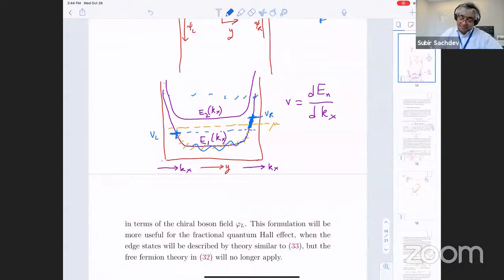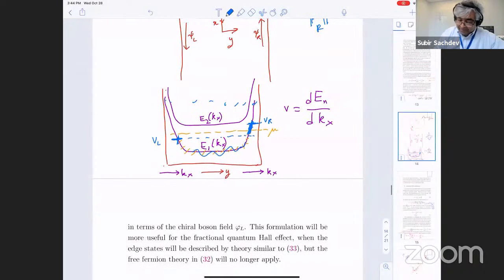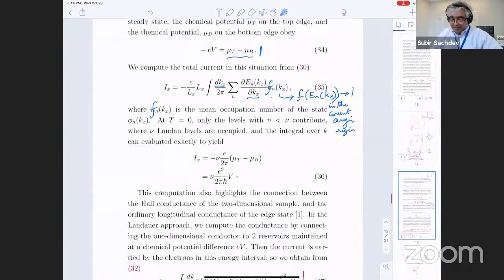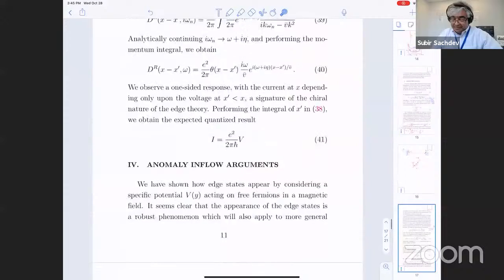This tells you what's going on. When you apply an electric field, charges are going in here and they're coming out the other side, but we've forgotten about the left side. Maybe you're focusing on the right and they're coming in from the bulk. That's another way to think about it. So the chiral theory is anomalous. It doesn't conserve charge once you apply an electric field.